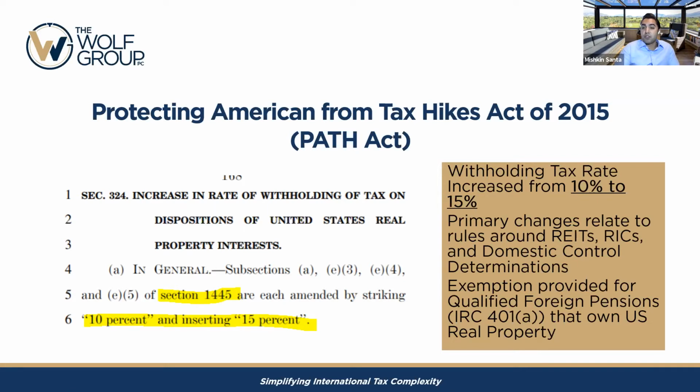And I think there's a lot of misunderstanding about the changes at this point in time, because I have a lot of folks that will tell me that with FIRPTA, regardless of what the sales price is, the withholding tax should always be 15%. And in fact, I'm dealing with a client right now that sold their home for $250,000, and the title agent withheld 15% of that, which is completely improper. So there is some confusion that comes out of the PATH Act in regards to those changes.